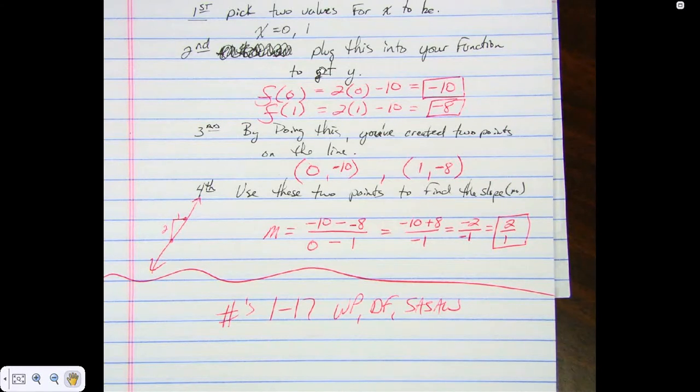Everybody look at 15, 16, and 17. You're going to have to do those just like you did 6 through 14, it's just you're going to have to find the slope for the one and then the slope for the other, and then show that you get what?